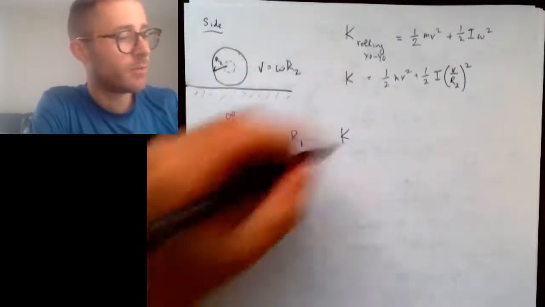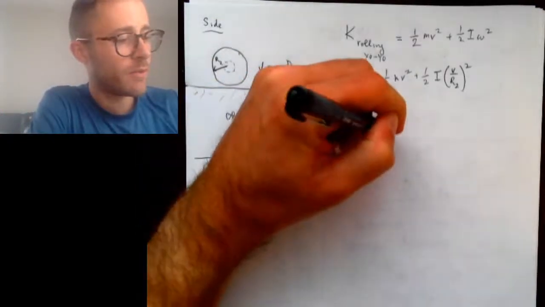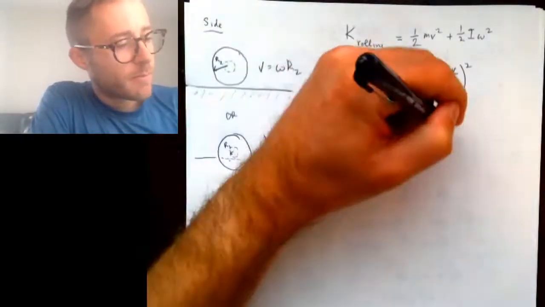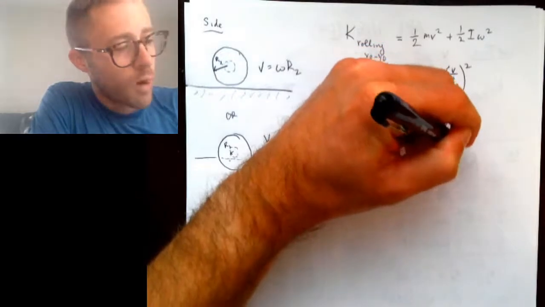And here I would plug in 1/2 mv squared plus 1/2 I times v over r1 squared.